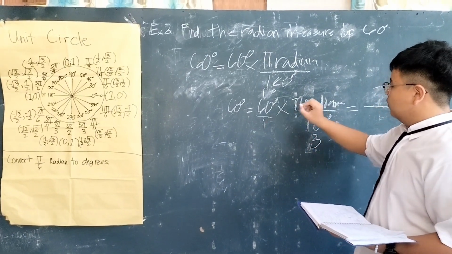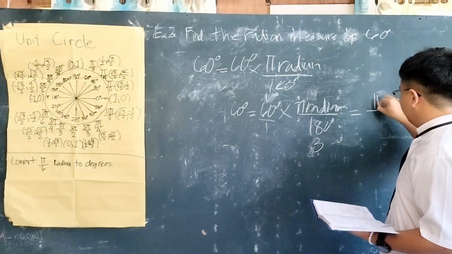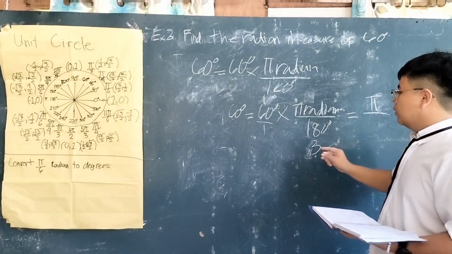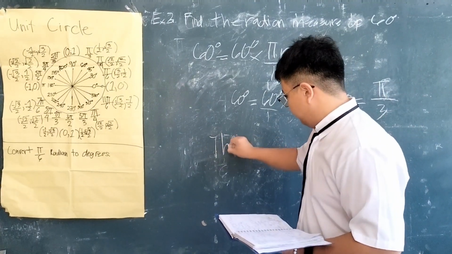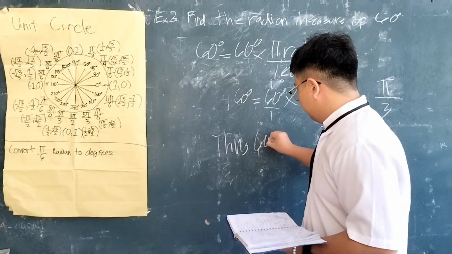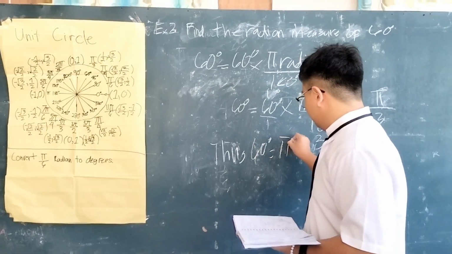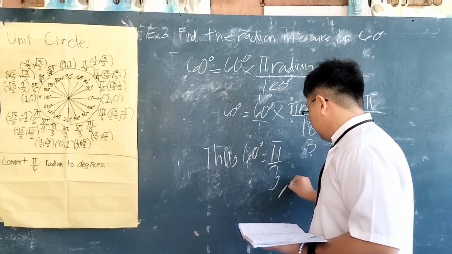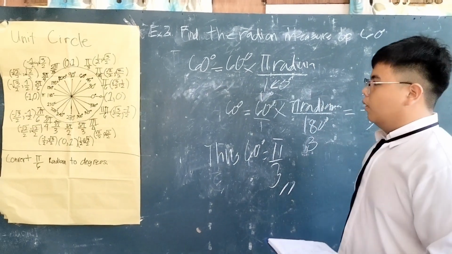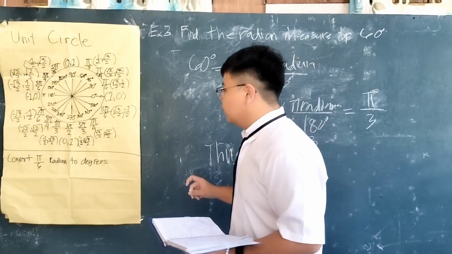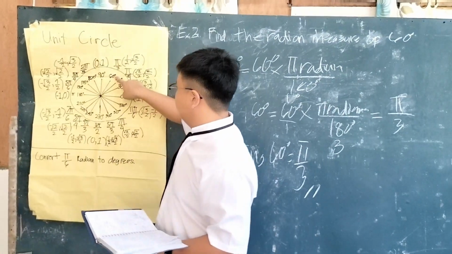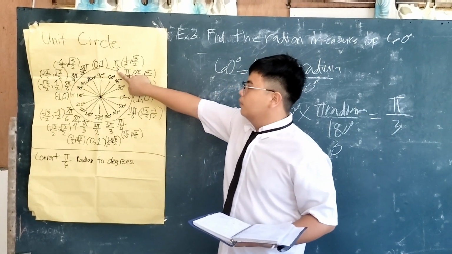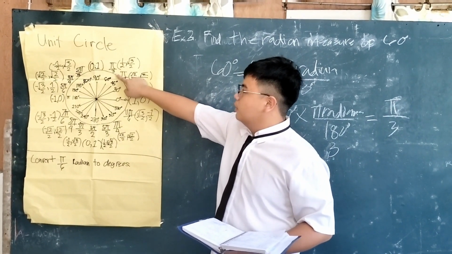So 1 times pi radian is pi, and 1 times 3 is 3. Thus, 60 degrees is equal to pi over 3. Let's go to our table to see if the answer is correct. 60 degrees is equivalent to pi over 3, which is correct.